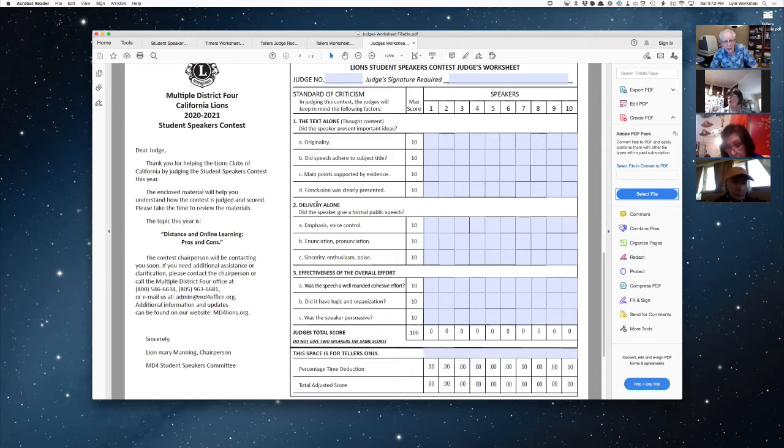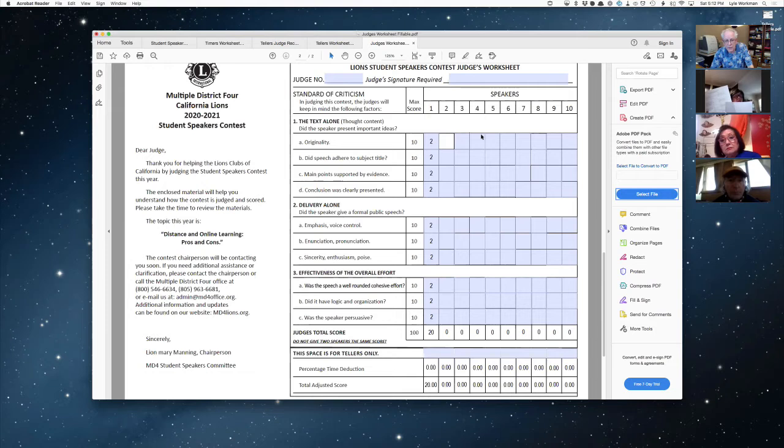First thing, the chairman will ask the judges if they're through scoring. If you look at the form, there are 10 columns. We should have 3 speakers, so only the first 2 or 3 columns will be used. This form is designed so that as numbers are entered, if they do it online or inside of Acrobat, I'll enter all 2s here.